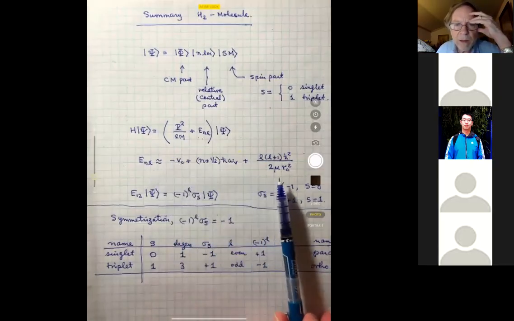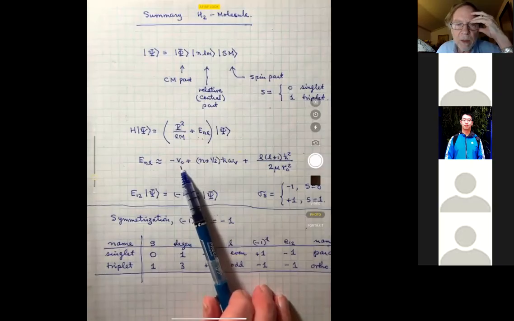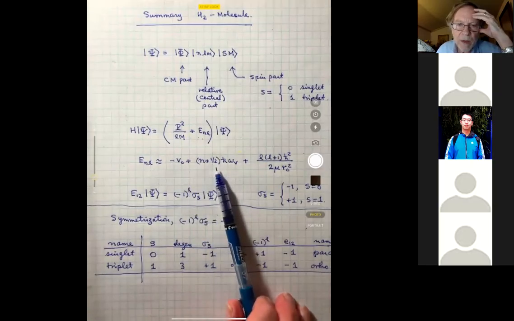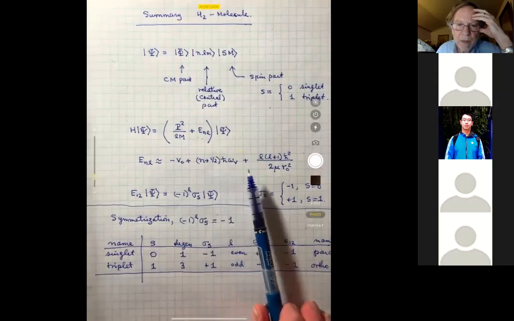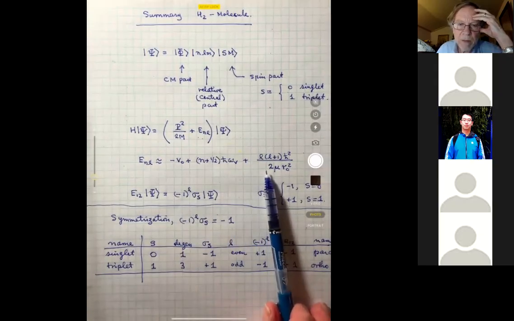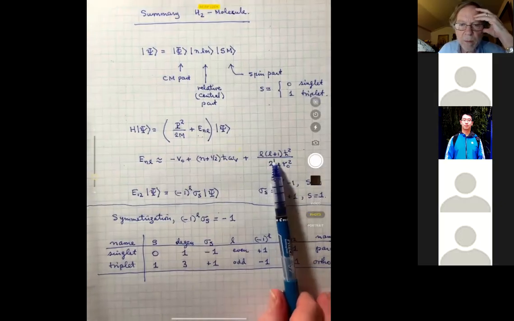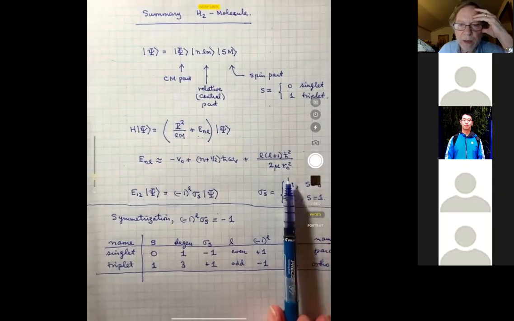It's given by this formula here. It's a shift for the bottom of the well, minus V naught, plus a harmonic oscillator for the vibrations in the bottom of the well, and then an angular part, which gives you the rotational dependence on the energy levels. Here's the L quantum number, and R0 is the equilibrium radius.